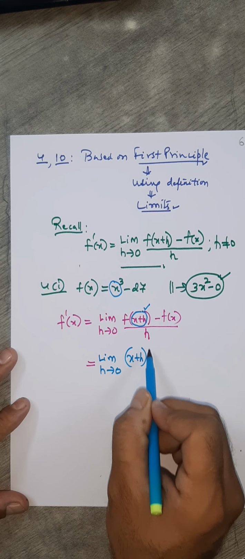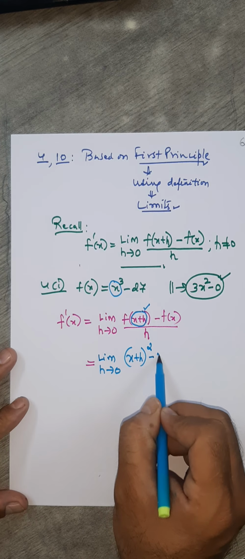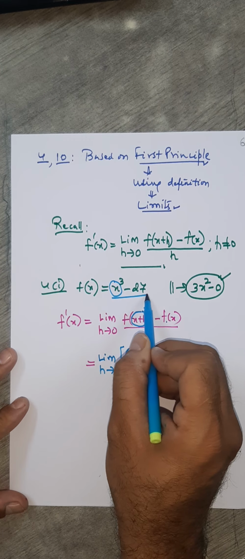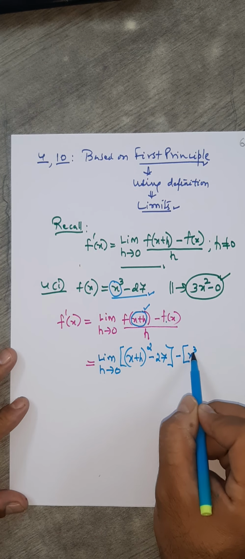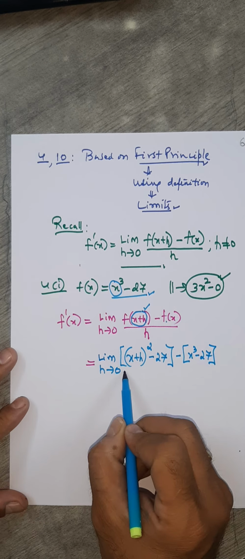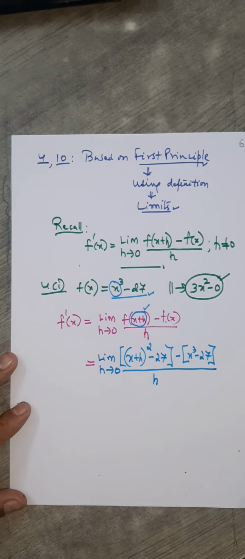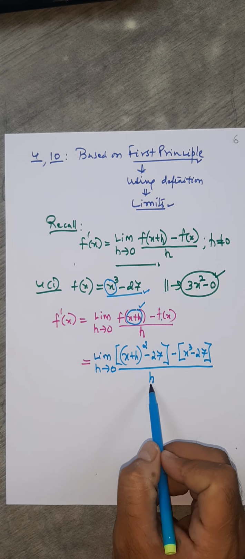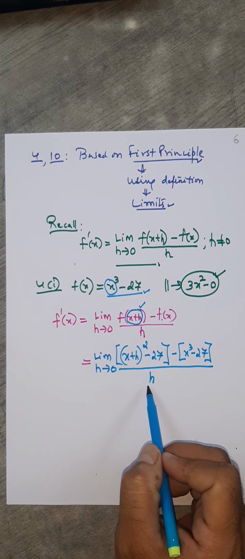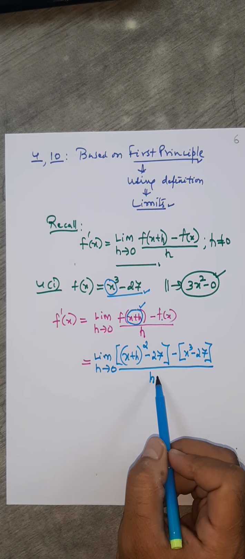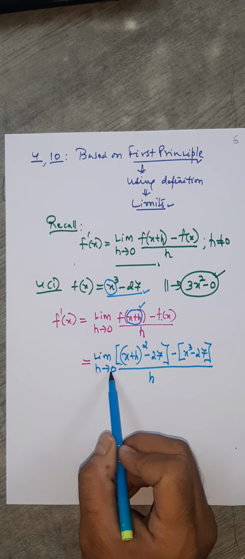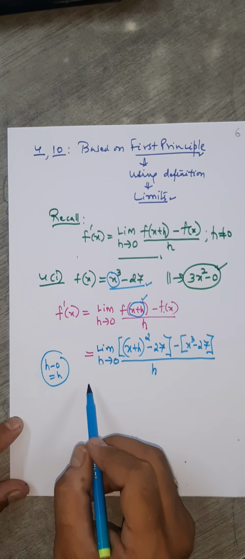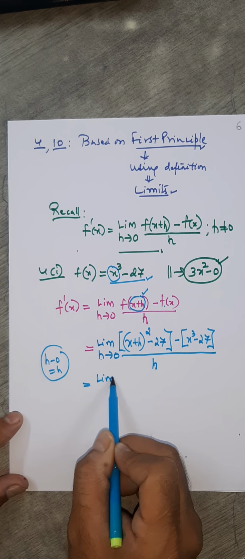So x plus h the whole square minus 27 minus f(x). f(x) means you copy this expression, x cube minus 27 upon h. Now you simplify this. You must get h common and that will get cancelled with this, because this is a polynomial upon polynomial form. So h minus 0, which is h. So h should get cancelled from the numerator and the denominator.